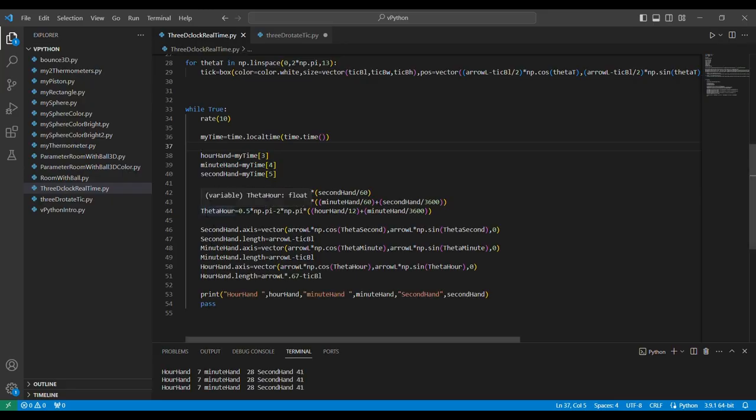So we came up with this equation: theta hours, 0.5 starts you off in the straight up position, and then the negative here tells it to count in the clockwise direction.